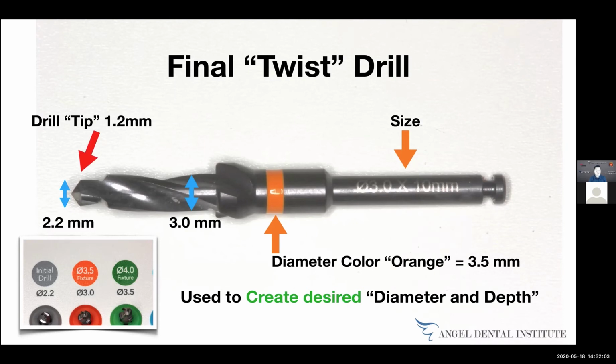That's to cut the bone, to initiate the drilling. So that's why I said if you're near the inferior alveolar nerve, you don't want to be a millimeter away from it. You want to be 2 millimeters away just to be safe, because there is a 1.2 millimeter cutting tip. So if you're only a millimeter away, you take the risk of touching the inferior alveolar nerve.